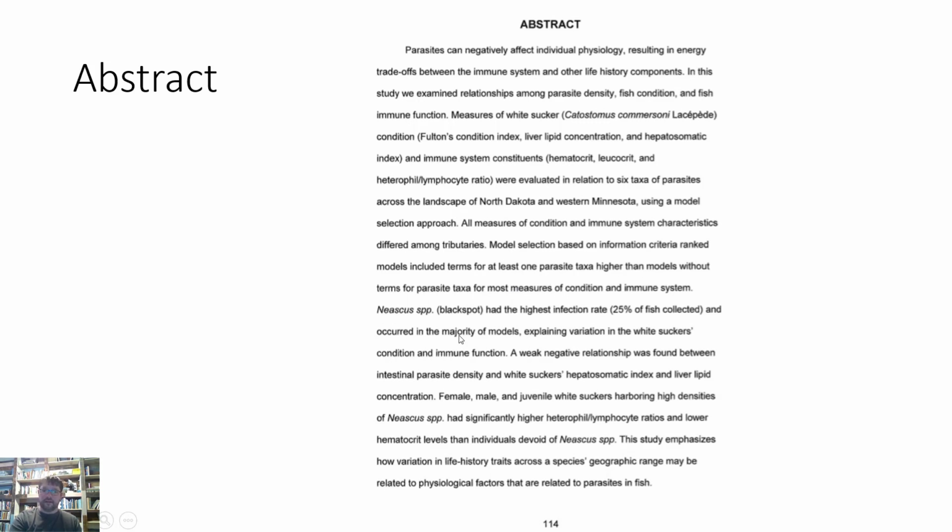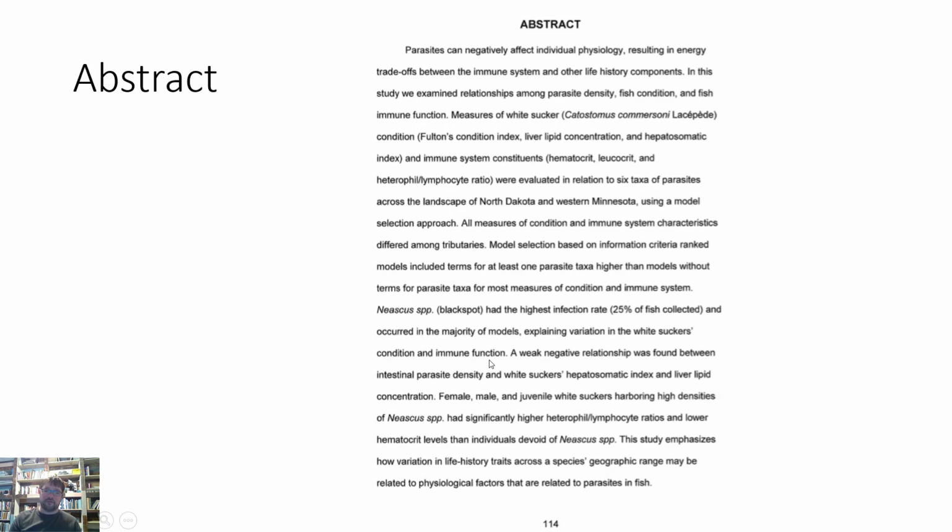Okay. Then later on, the next sentence, I tell you what the results were. Okay. So in this case, Necessica, that's a species of parasite, had the highest infection rate, 25%, and occurred in the majority of models, explaining variation in the white sucker's condition and immune function. Okay, that's a highlight.